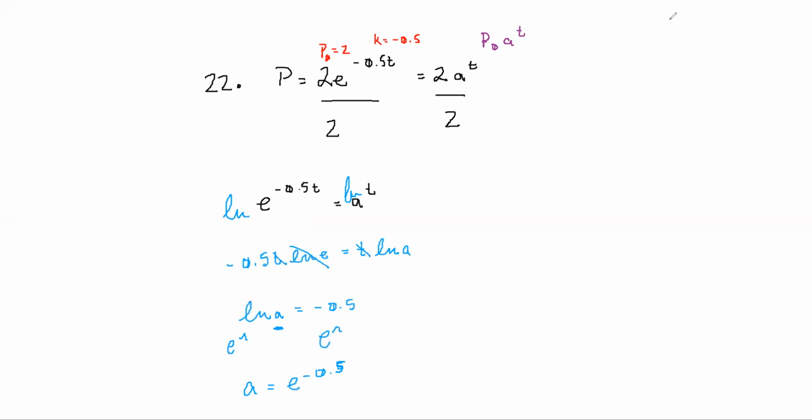There's another way we could have done this without using natural logarithms. We could have been at this point where we said that e to the negative 0.5 t is equal to a to the t. And we can separate this out.